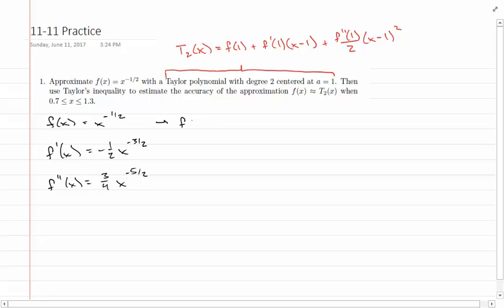Plugging 1 into those functions is very easy, because x to any power is 1. So let's just go ahead and write down what T sub 2 of x is. f of 1 is right here. That'd be plugging 1 in here. That's 1. f prime of 1 is going to be negative 1 half. f double prime of 1 is going to be 3/4.